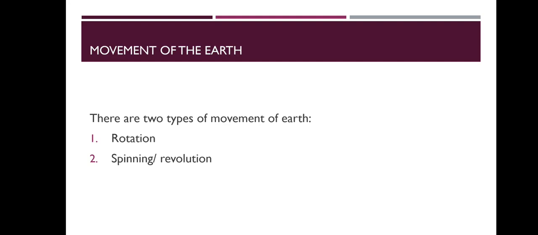It is always in continuous motion, and that motion is of two types. First, it is changing its place around the sun. Second, it is also moving on its own axis.